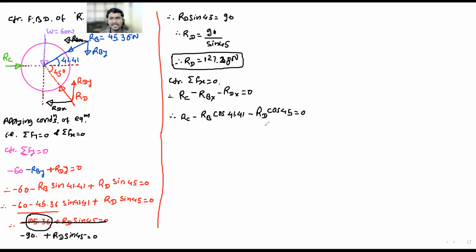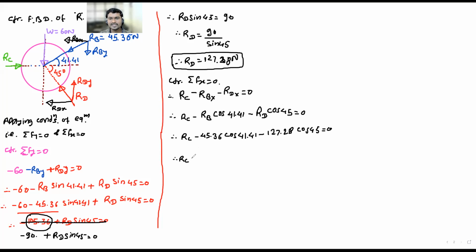Out of that RB and RD are known to us, so put in the values. RC minus RB, how much was it, children? 45.36 cos of 41.41, minus RD is 127.28 cos 45, equals to 0.